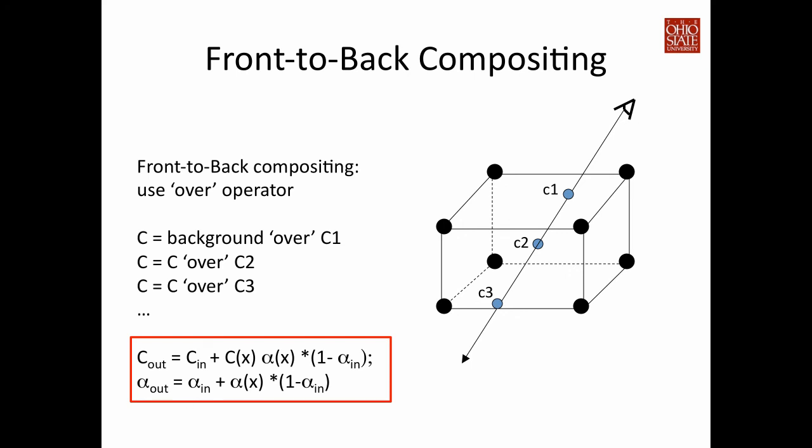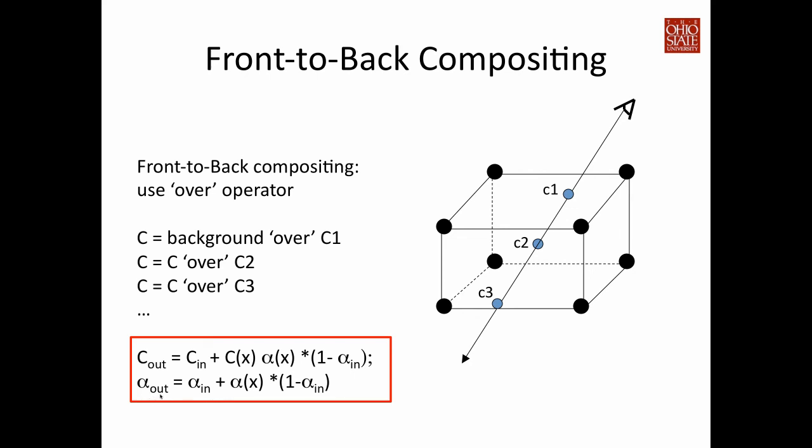If you do this over, sometimes called front to back compositing, you should get the same result as what you get using the back to front equation I showed in the previous slide. The difference here is that you keep track of the accumulated alpha. So sometimes you can perform so-called early ray termination. That is, once you realize the alpha out is equal to 1, you can stop your ray.